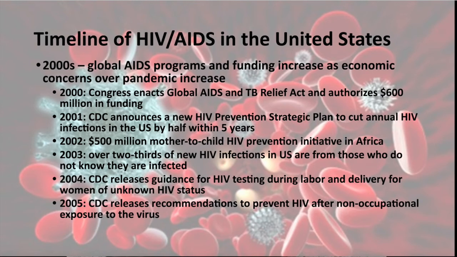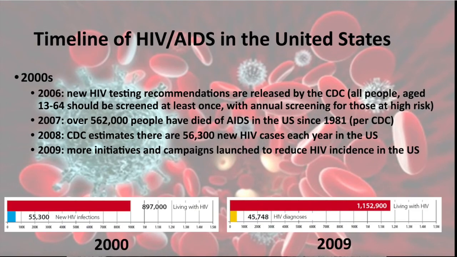And then in 2005, the CDC gives recommendations to prevent HIV after non-occupational exposure to the virus. So if you were exposed to the virus and it wasn't like you were a nurse or a doctor taking care of an HIV positive patient.